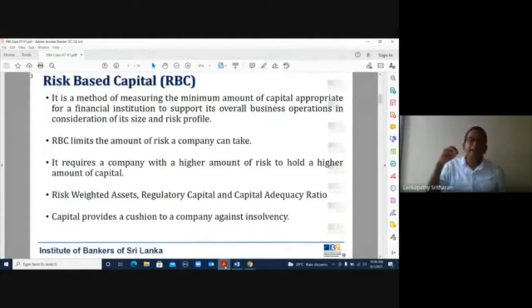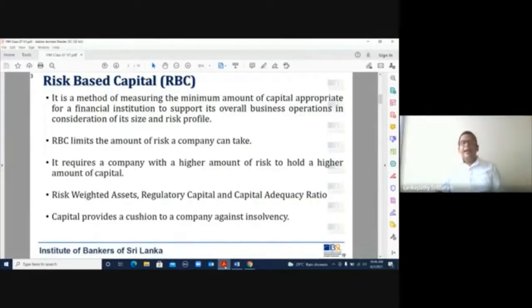What is the understanding, or what do you mean by risk-based capital? It means there may be different institutions, and their risk levels may be different.